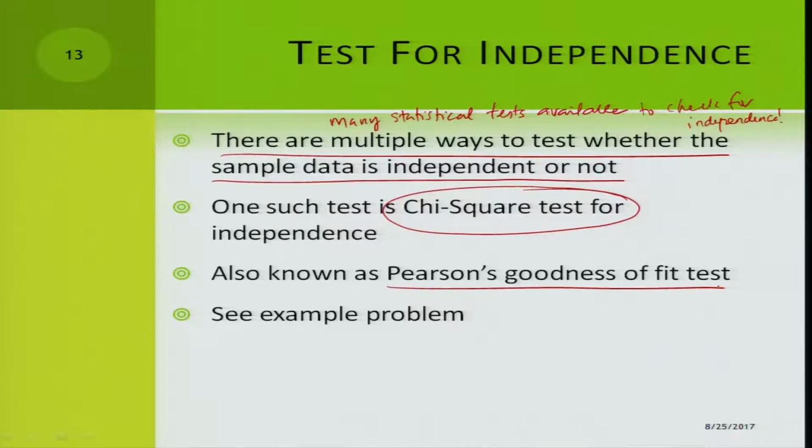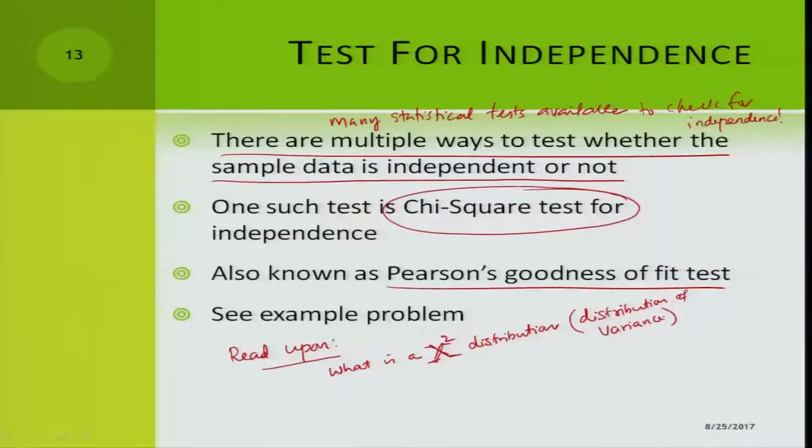Okay. So, this test will help you decide whether we can use this chi-square test for doing the test of independence. I would request you guys to read up on what a chi-square is. Chi is a Greek letter, chi-square distribution. If you read about the distribution of variance, then you will get to see the chi-square distribution.